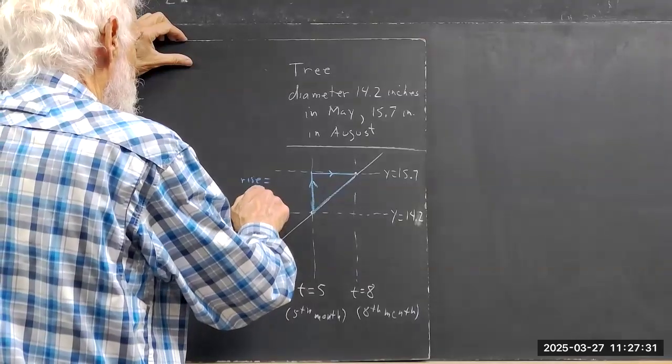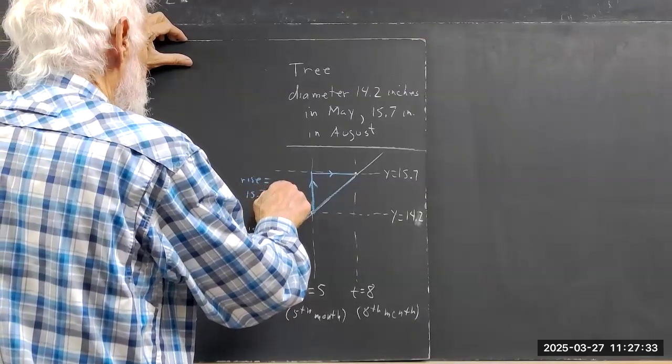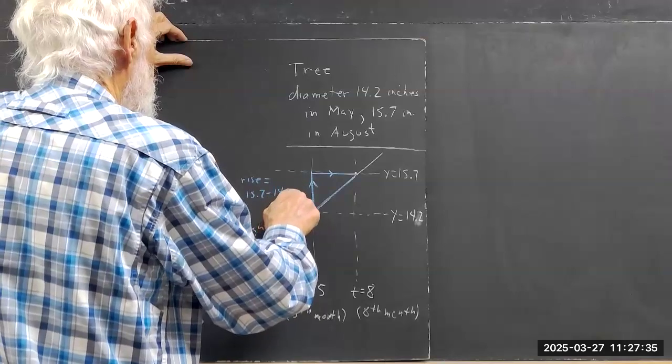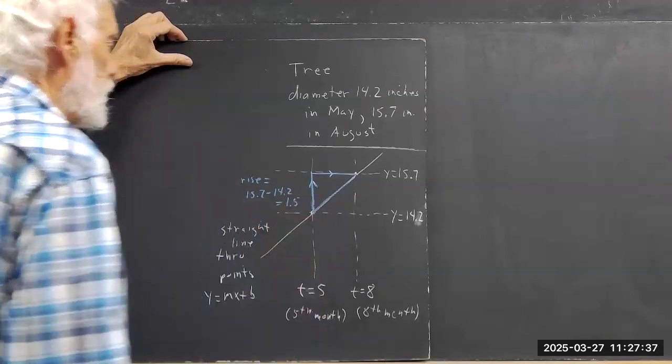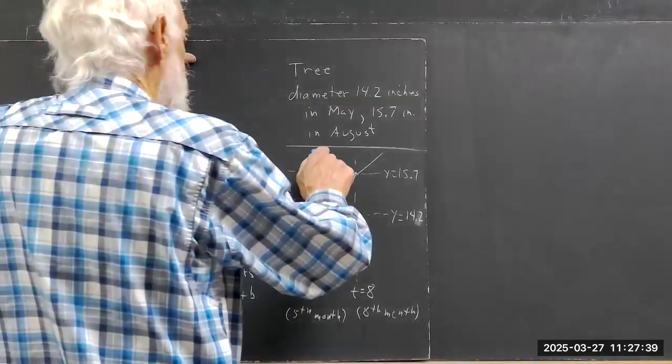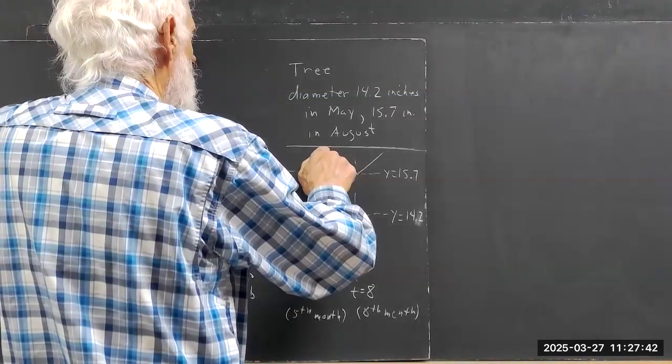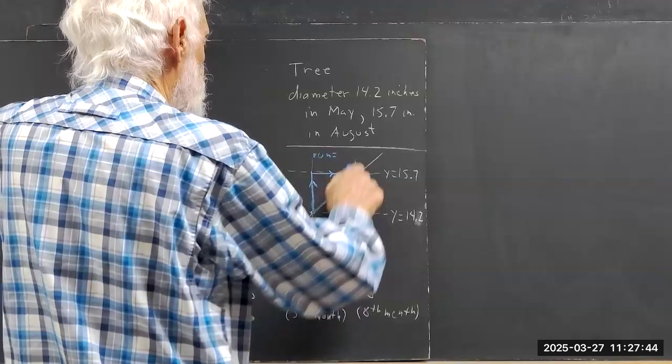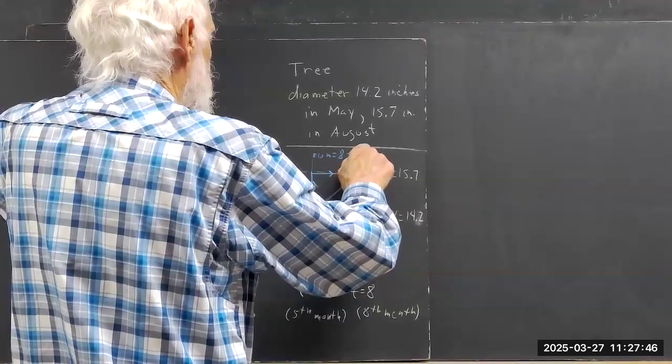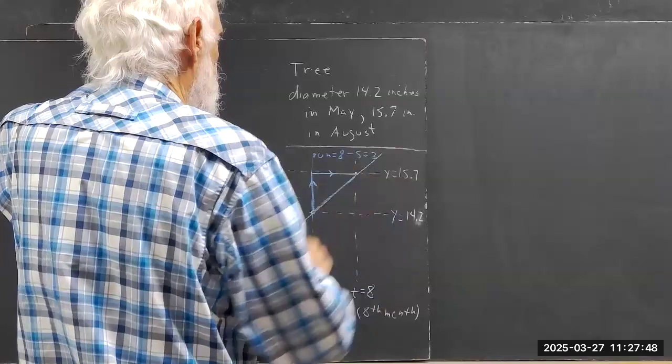Rise equals 15.7 minus 14.2 equals 1.5. Run equals 8 minus 5 equals 3.